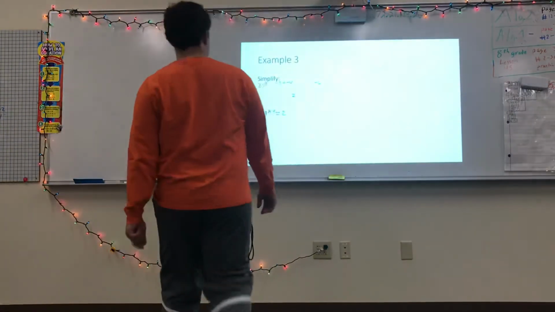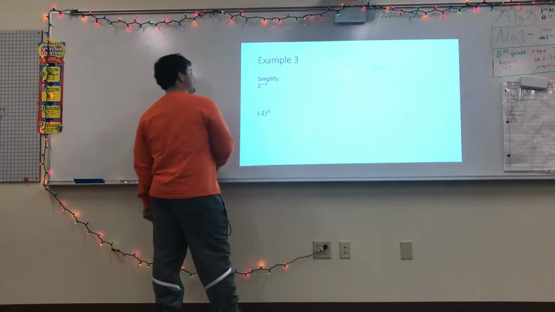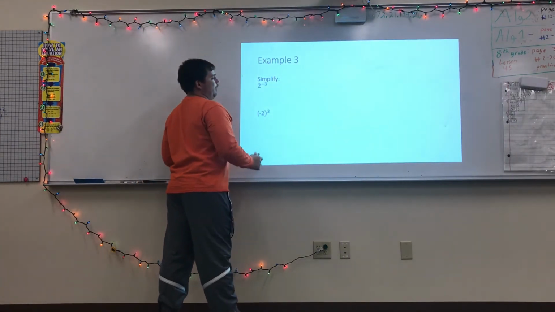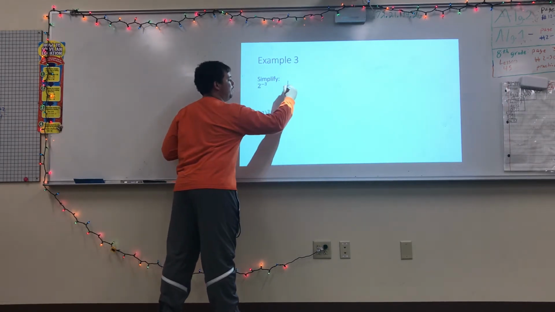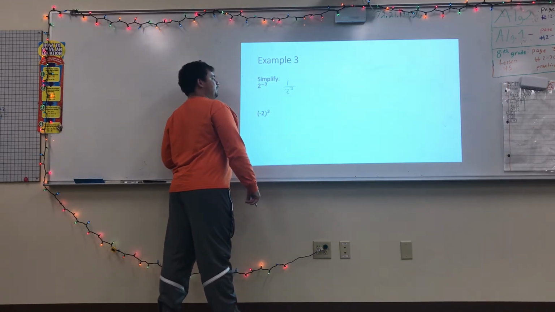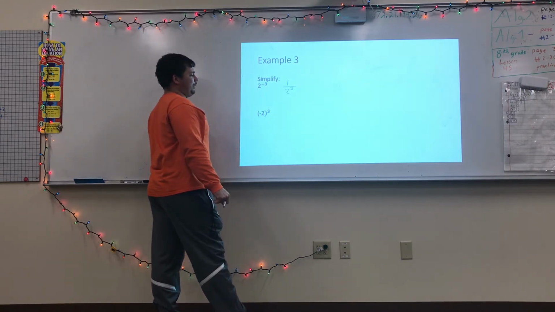Alright, here we have our exponents, and they're a little bit different. This one we have to the -3rd. How do I get the negative out of there? I put 1 and then I put 2 to the 3rd. I have to take the 2 to the bottom and make the exponent positive.